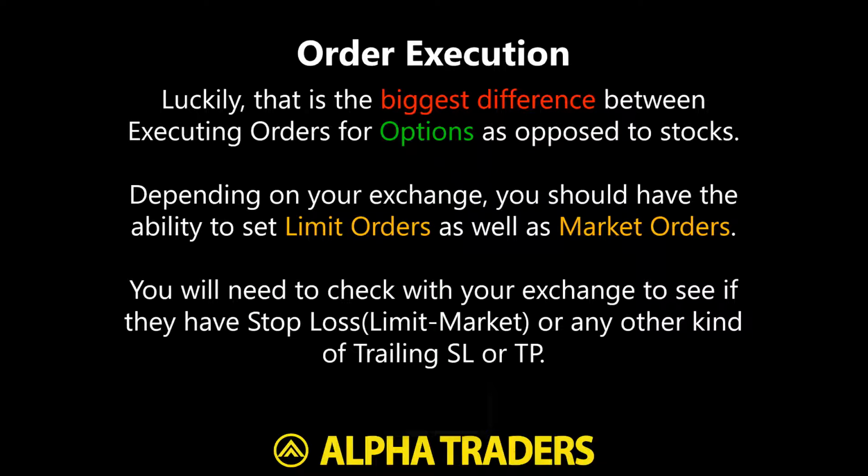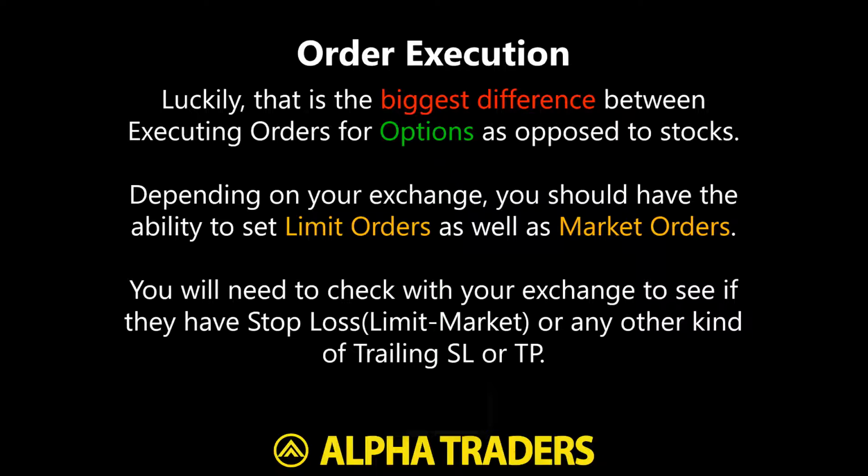Luckily, that's about the biggest difference between executing orders for options as opposed to stocks. Depending on your exchange, you should have the ability to set limit orders as well as market orders. You will need to check with the exchange to see if they have stop losses. Some of them do not.